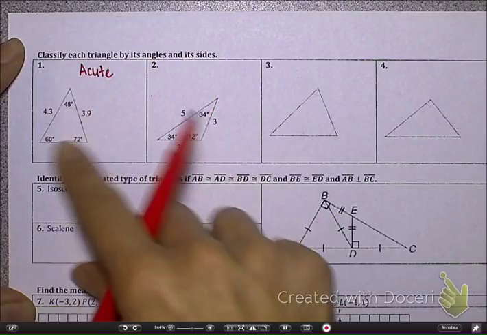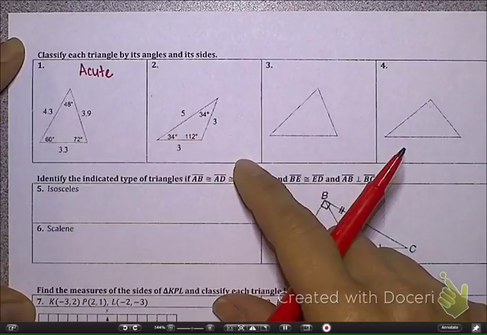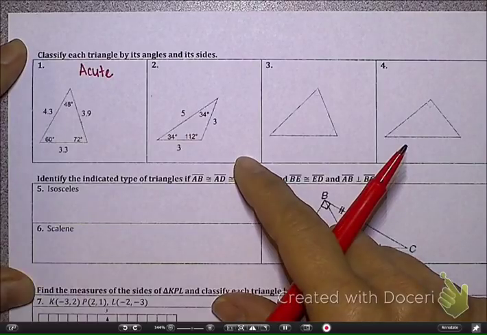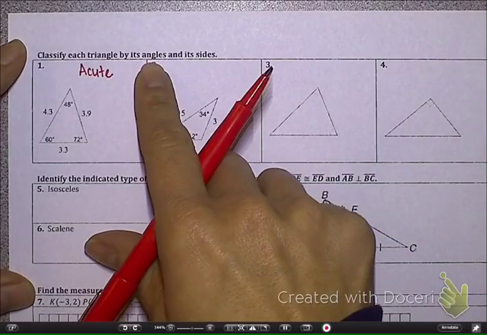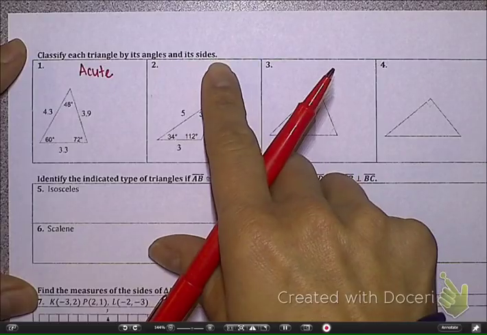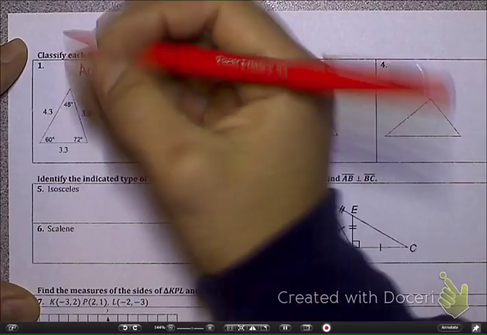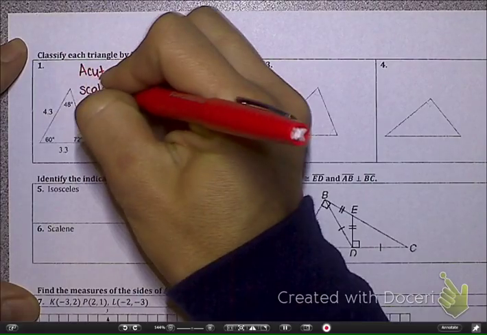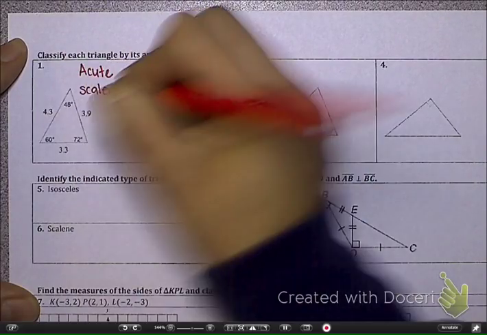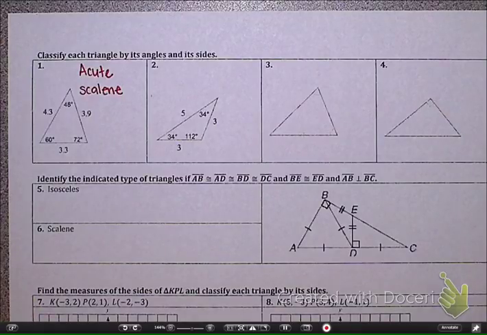No. They're not all the same angle measure. After we classify it by its angles, then we're going to classify it by its sides. So, are any of the sides the same length? No, that's why it's scalene. But scalene isn't classifying it by its angles. Scalene is classifying it by its sides. You need to do both on the homework.